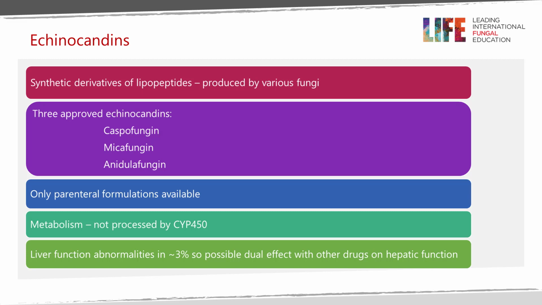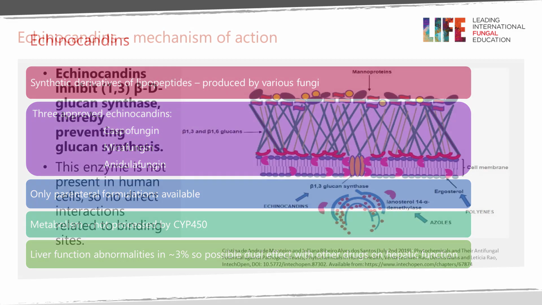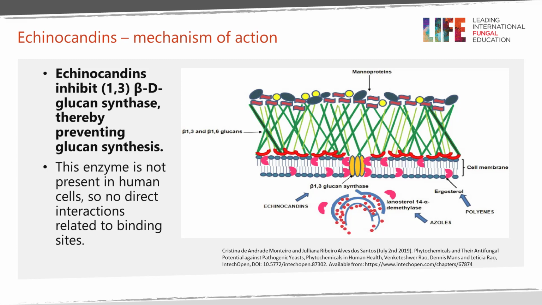However, liver function abnormalities are present in around 3% of people. So like with ambisome, where we were talking about renal impact and the additive effect of renal drugs, here there may be a possible dual effect with other drugs that affect hepatic function as well, so it's key that we look out for these. Echinocandins work a little bit differently to other antifungals that we've talked about.